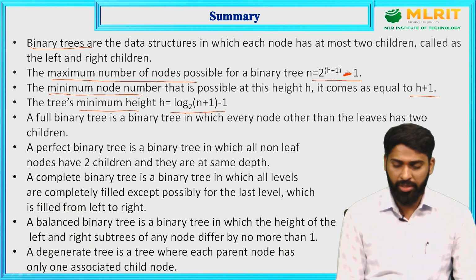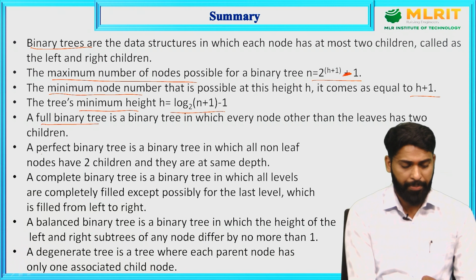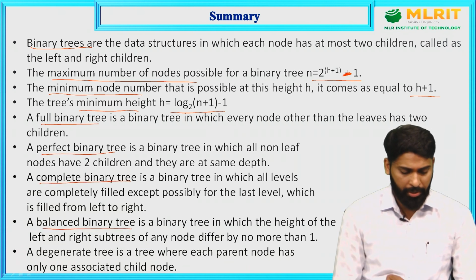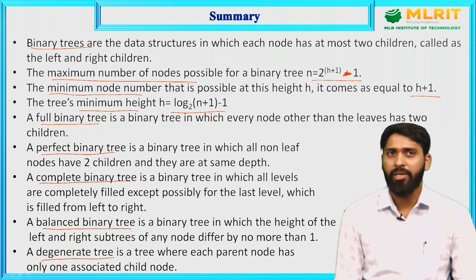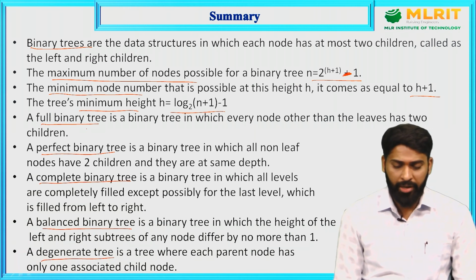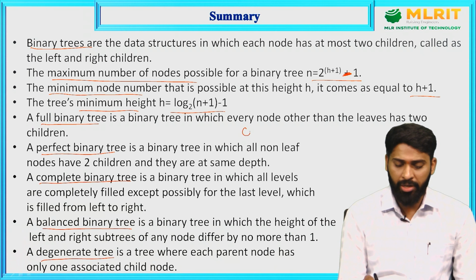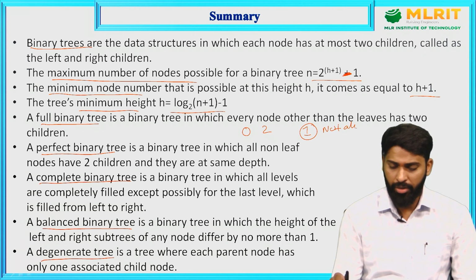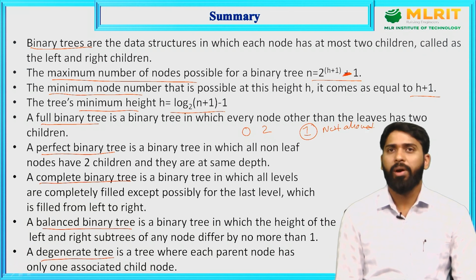And after that we discussed the different trees: full binary tree, perfect binary tree, complete binary tree, balanced binary tree and degenerate tree. So, a full binary tree means it has children either 0 or 2. So, one child is not allowed in a full binary tree.